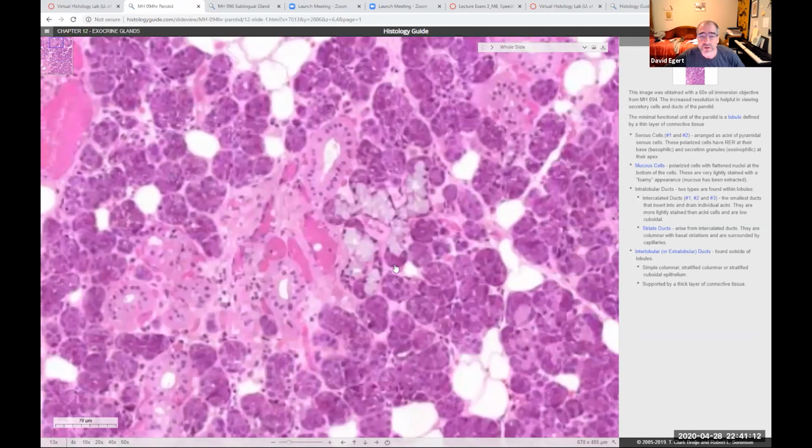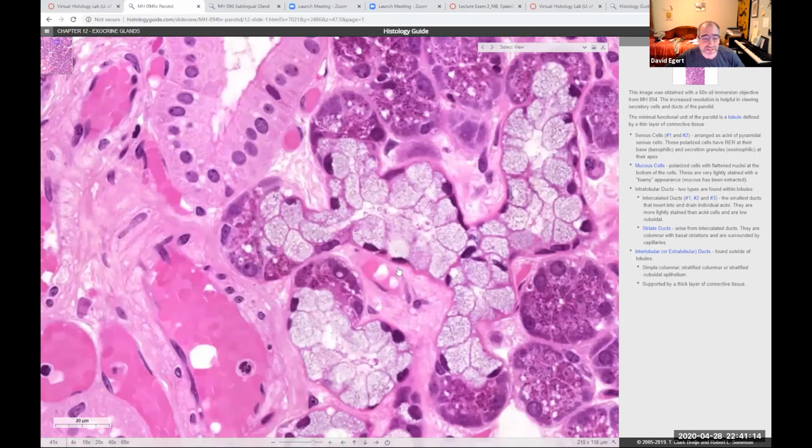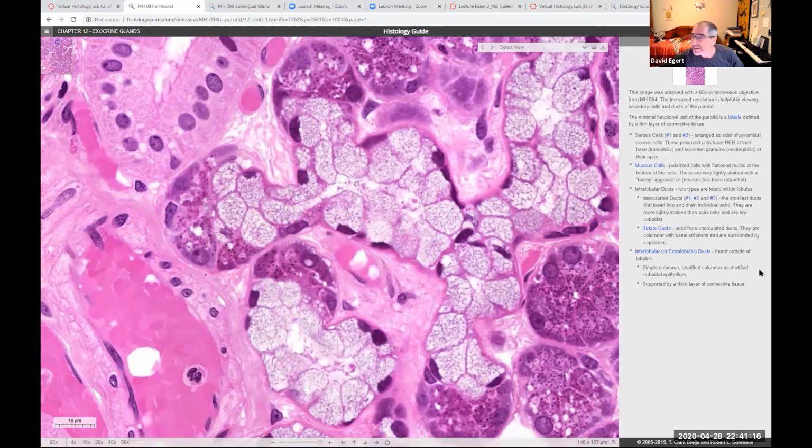While we're here though, this is actually a good example of probably one of my favorite terms in anatomy. So here's the mucus cells. The mucus cells are these gloopy looking things. The serous cells are these cells that make the amylase. They have that kind of granule. They stain this kind of dark granular.